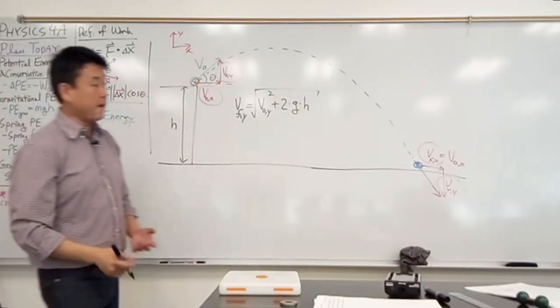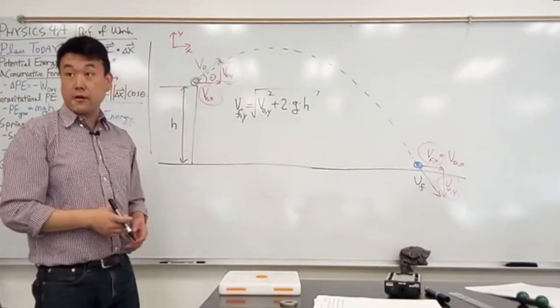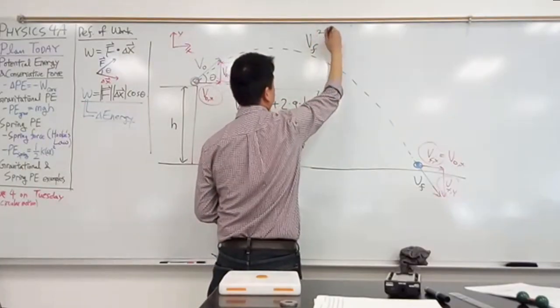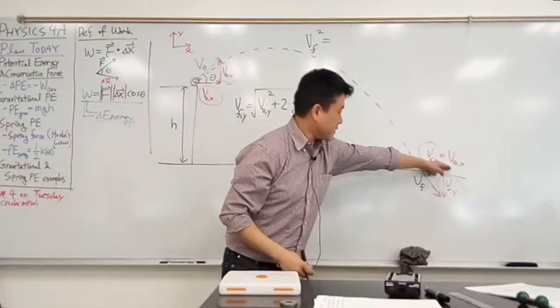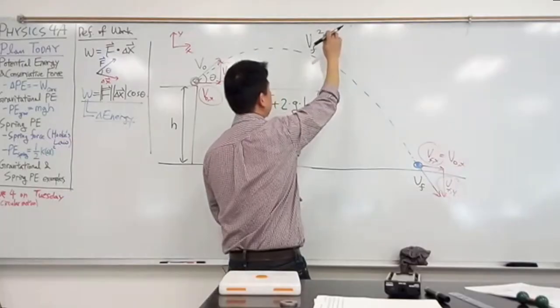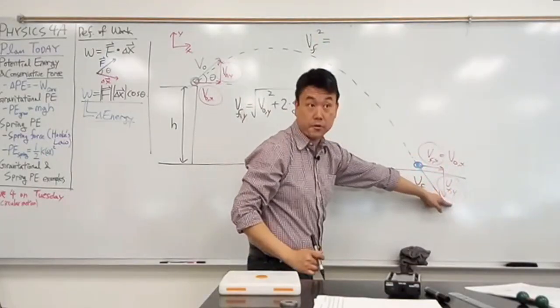Now, let me write out what the final speed v final is using the Pythagorean theorem. When I do that, this is what you get. v final squared is equal to x component squared plus y component squared.